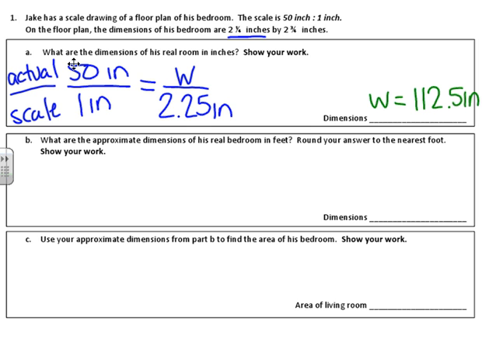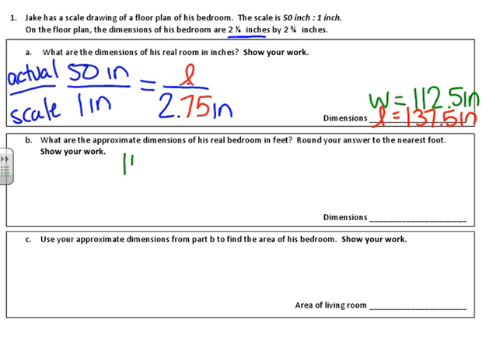The second proportion is going to be set up the exact same way, except I'm going to substitute in L for length, and the second measurement is 2.75. Then when I solve that using cross products, I'm going to get a length of 137.5 inches.